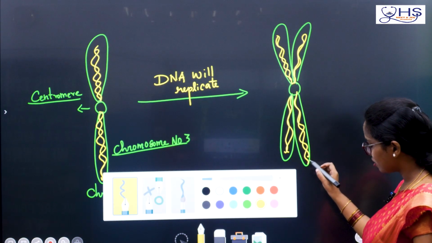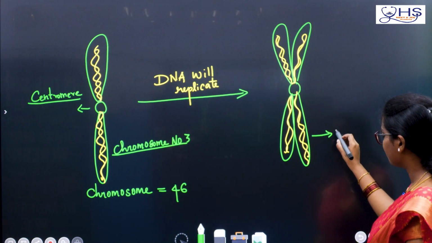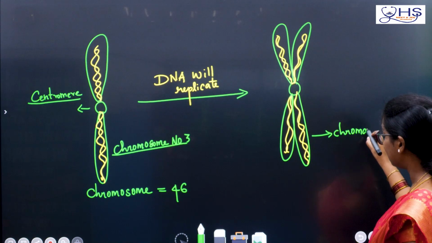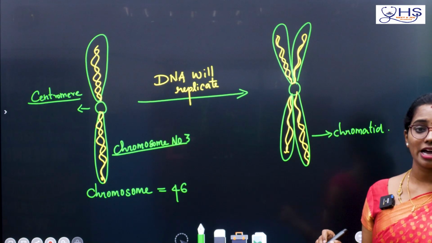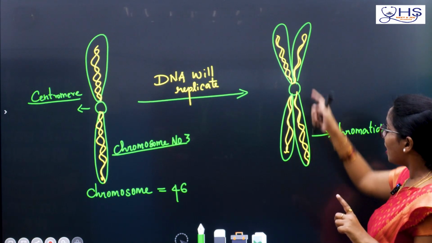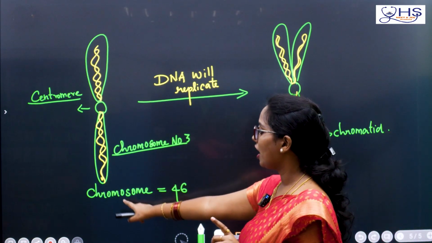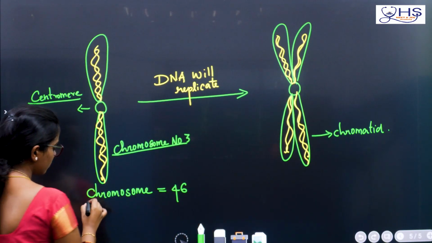Now, this arm, this extension, is called chromatid. I hope you understand the difference between chromatin and chromatid. Chromatid is the extension of the DNA. Here, in this chromosome, we have one chromatid for one chromosome.